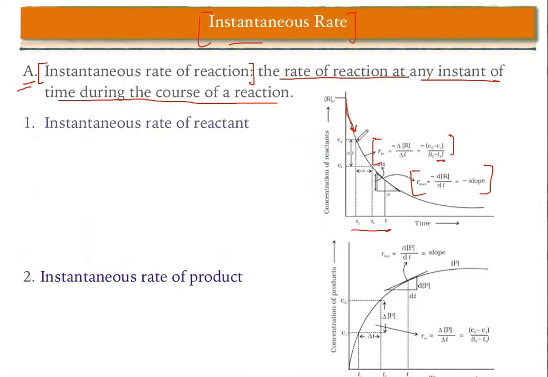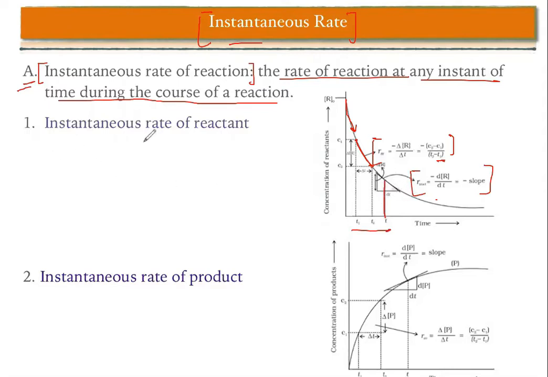That average rate talks about the rate from point C1 to C2, in the time period of T1 and T2. Whereas the instantaneous rate is defined at an instant of time t, how the reaction is going to proceed.